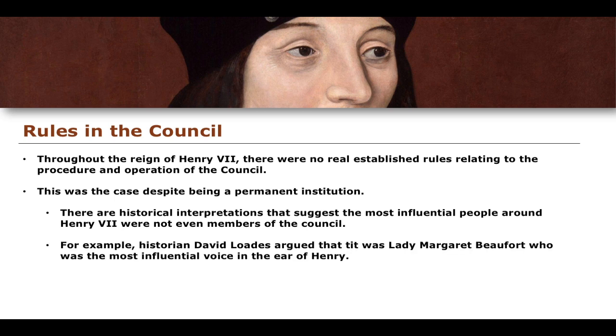Historian David Loades, for example, argues that it was actually Lady Margaret Beaufort who was the most influential voice in the ear of Henry VII. Of course, this was Henry VII's mother, and a number of other historians actually support this view, that to at least the greatest of extents, Lady Margaret Beaufort was actually very influential in the life of Henry VII.